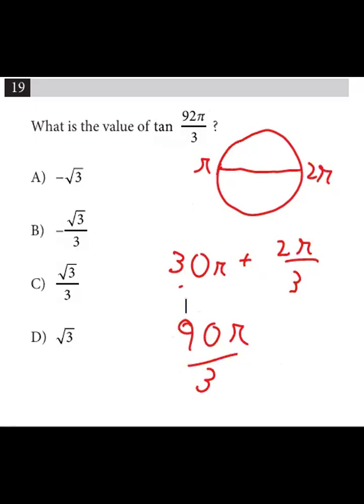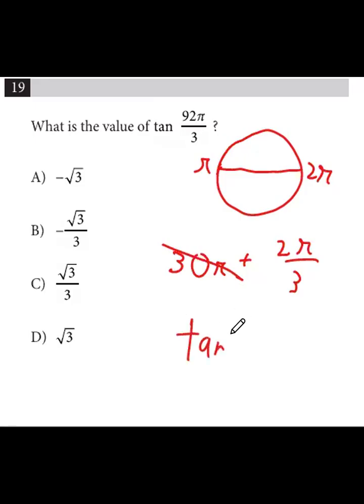And then I just simplified these to get 30 pi. After that, we know that since every time you go around the circle it's 2 pi, any even number of pi will just cancel out basically. So we're just left with 2 pi over 3. So tan 92 pi over 3 is the same as tan 2 pi over 3.